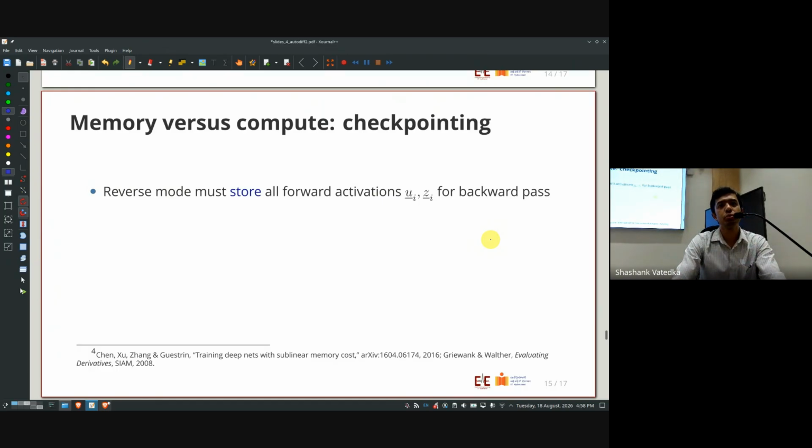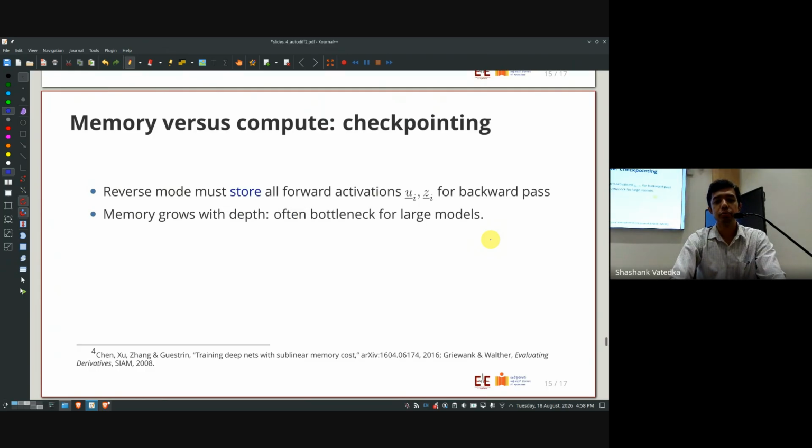You don't need to store all of the partial derivatives, because the partial derivative for one layer only depends on the partial derivatives for the next layer. And it really doesn't depend on the partial derivatives of all layers ahead of that particular point. You can just get rid of that, just to save memory. But you need to be able to store all of the values, which is the activations. So if you have a very deep neural network, then the total memory that is required will grow with this depth. And that can be a huge bottleneck.